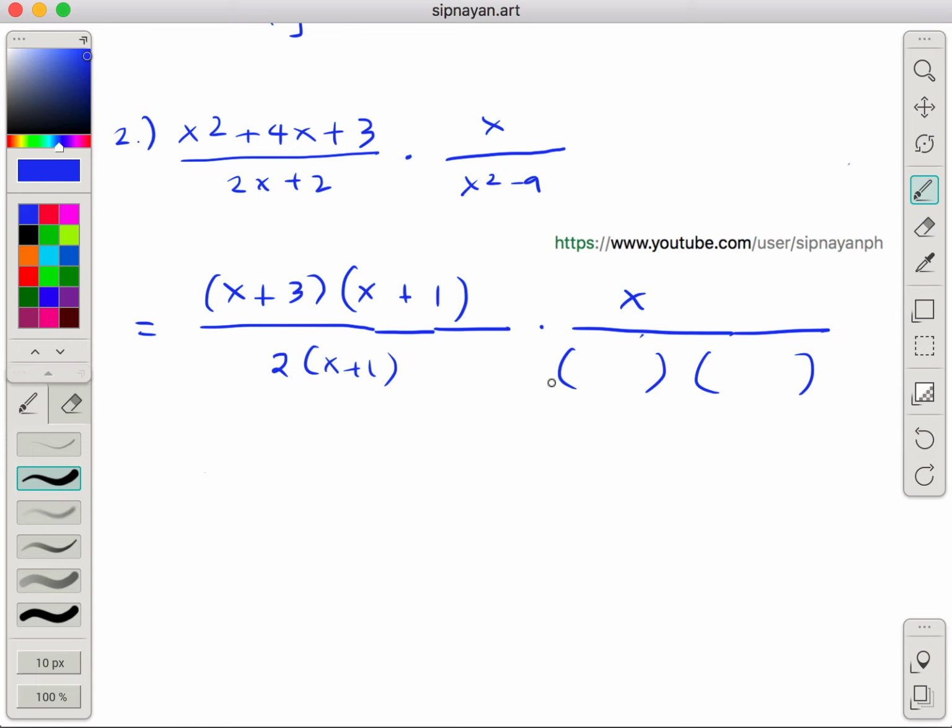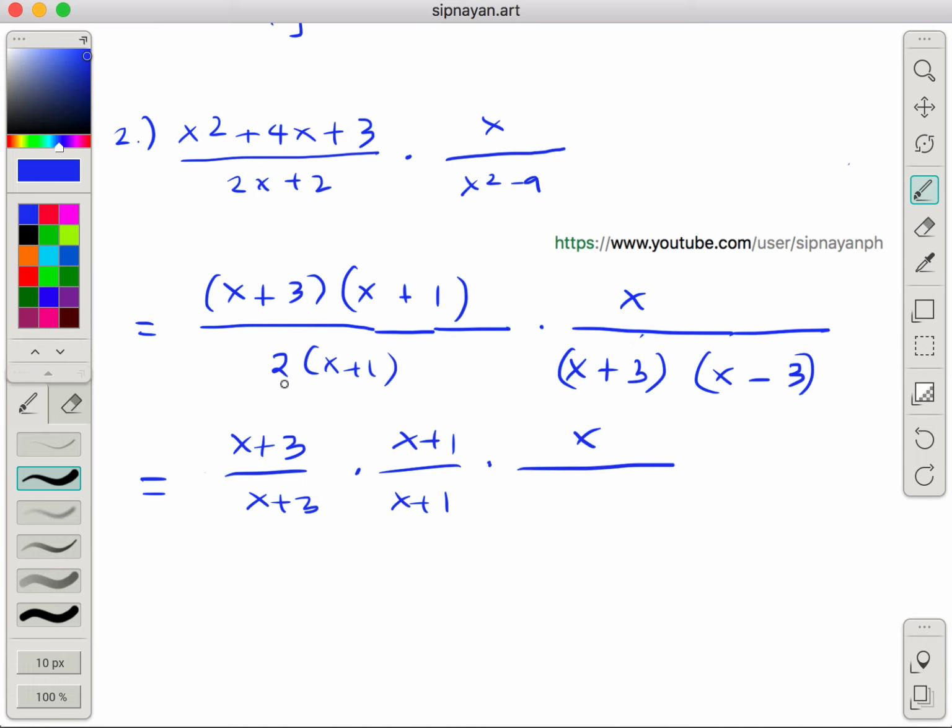What is the square root of x squared? This is x. What is the square root of 9? It is 3. And then plus tsaka minus. Next, ang x plus 3, pwede natin siyang isama dito sa x plus 3. And then yung x plus 1 sa taas, pwede rin natin siya isama sa x plus 1 sa baba. Ano natira? Meron tayong x dito sa taas, yun ang natira. Natira yung 2 sa baba at yung x minus 3.